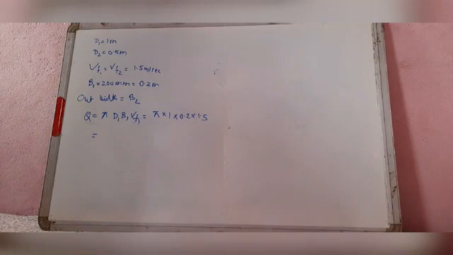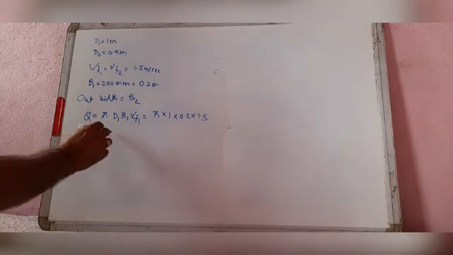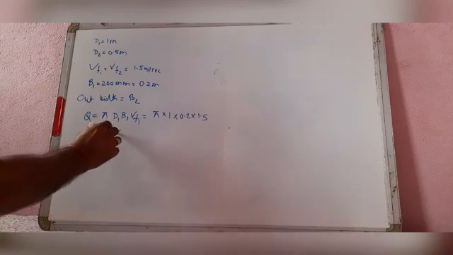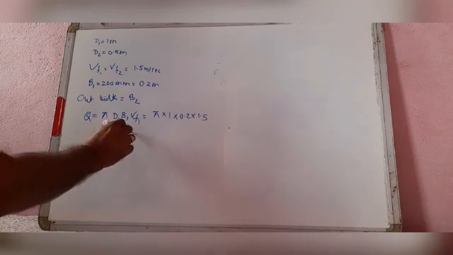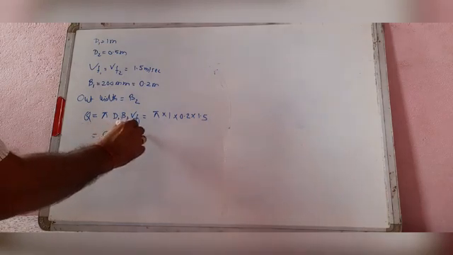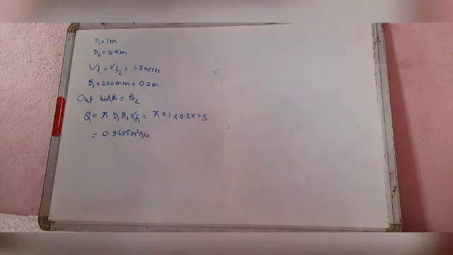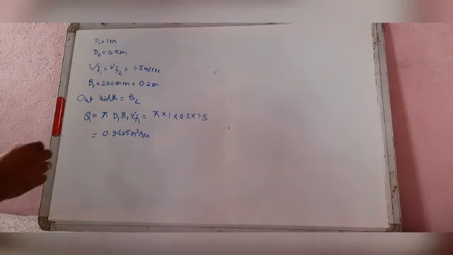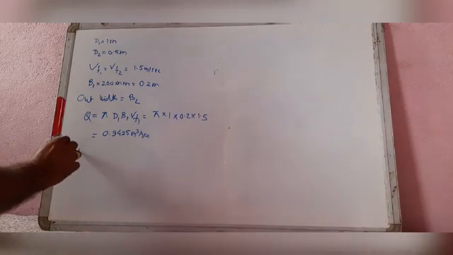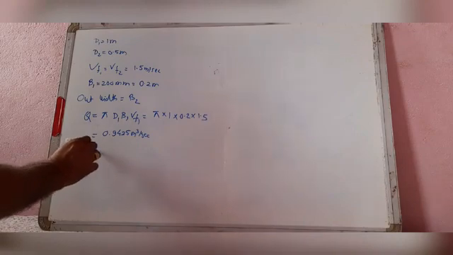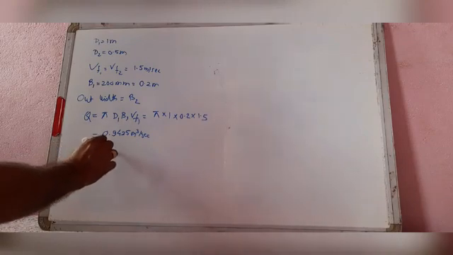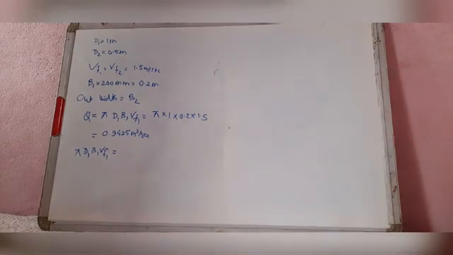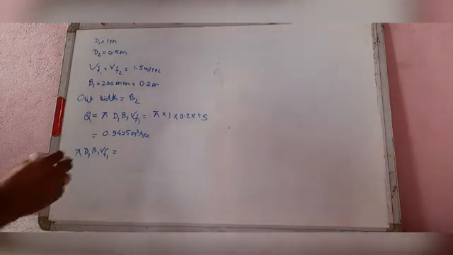So this discharge Q comes 0.9425 meter cube per second. Also, as we know, pi D1 B1 Vf1, Q is same, discharge is same in inlet and outlet.